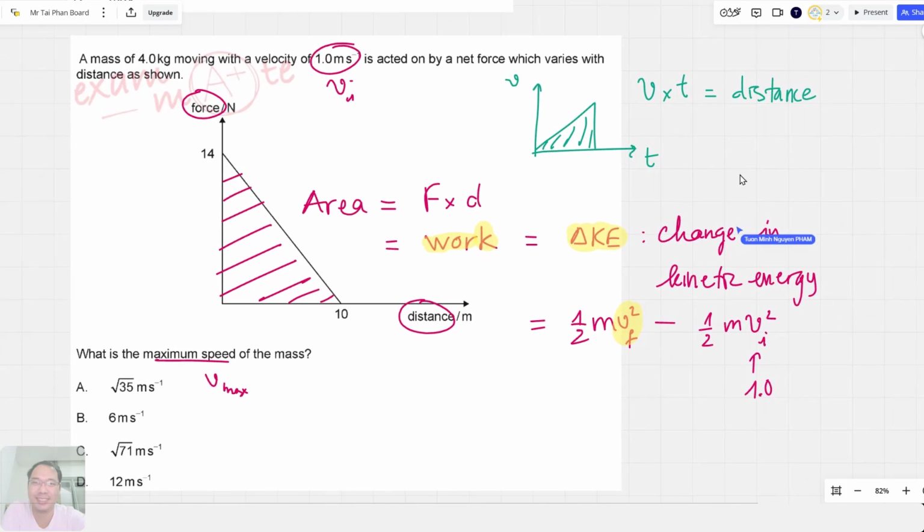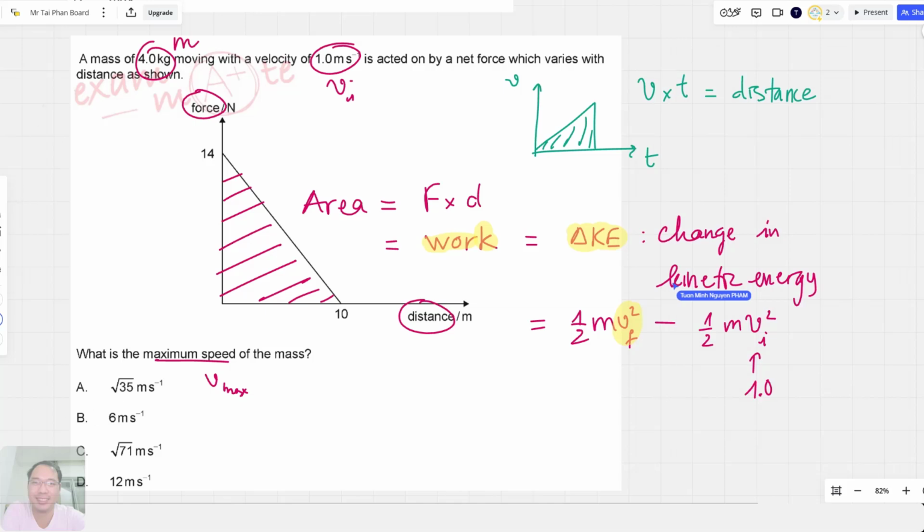What's the mass? 4 kilograms. So divide by 4, and then plus 1.